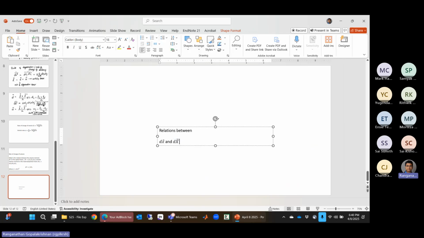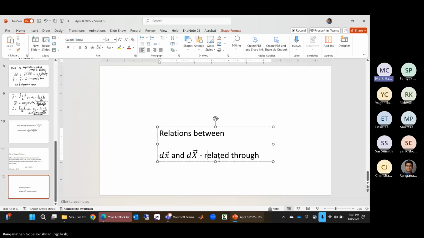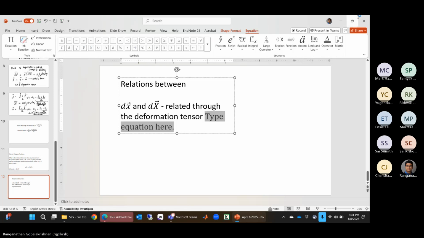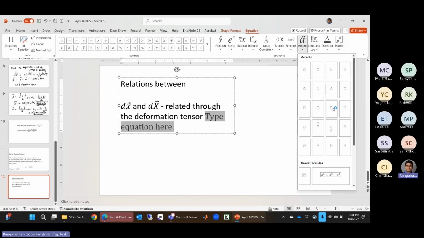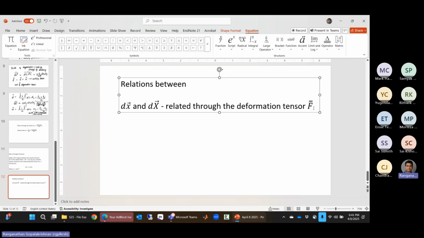That is again related through what? This is a really basic idea. What are dx and d material X related through? You had the answer, Mark. The deformation tensor. They are related through the deformation tensor F.